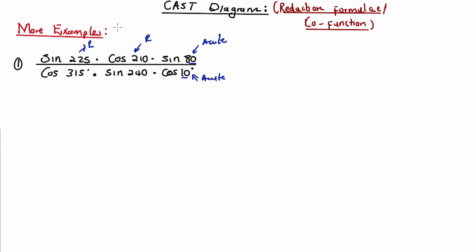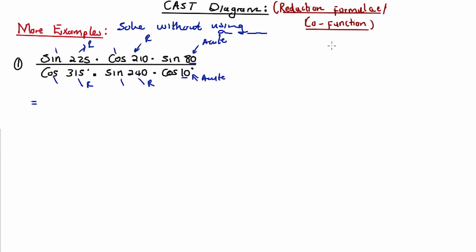In this example again, we have to solve without using a calculator, right? So this is also a reflex. So in order to solve these ratios, we have to reduce the angles to special angles. So let's go ahead and do that.